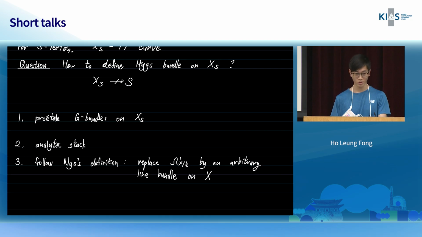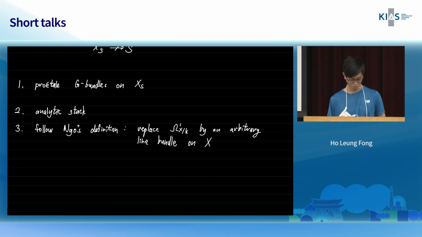And the second way, I think maybe you can use some analytic stack techniques to define Higgs bundles on the Fargues-Fontaine curve. And there's a third way, which is to use Ngô's definition.